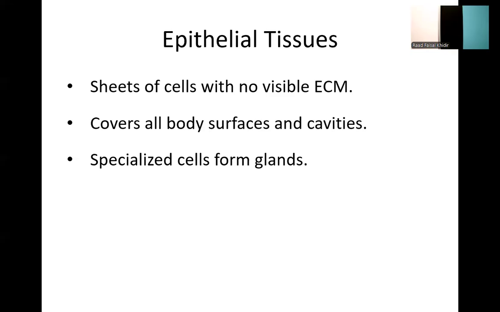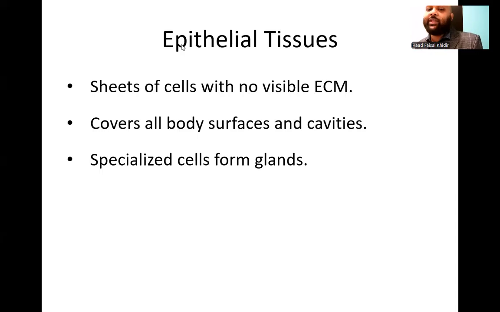And these tablets that people take, the bioavailable fraction of that tablet is only 5 to 10% that makes it to your blood, and 90% gets excreted. That 90% made it into your body, but it was never absorbed. Okay, there are specialized cells that form glands.